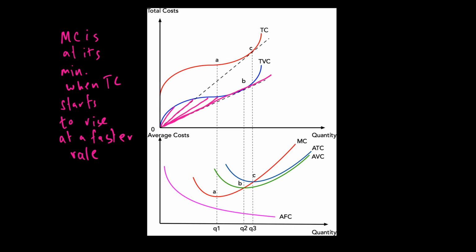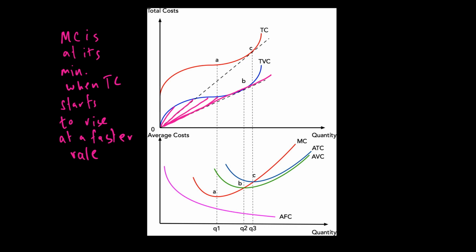So in order to find the minimum point of AVC, that will be the point where the slope line that I'm drawing from origin to the total variable cost curve is the flattest, and that's where B is. Now, same concept, where is the point where TC is at its minimum? Well, I draw a line from origin. So let me draw another color.